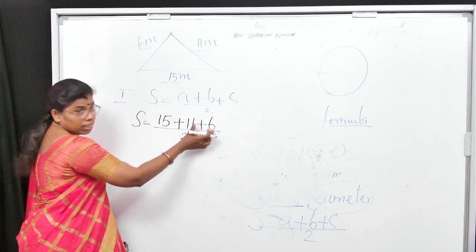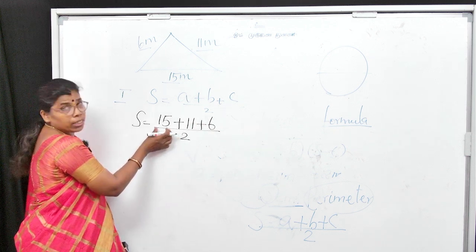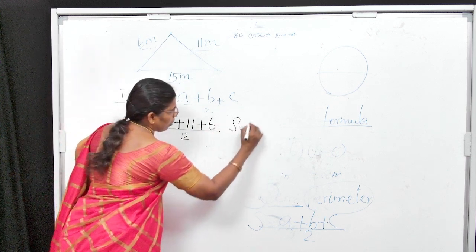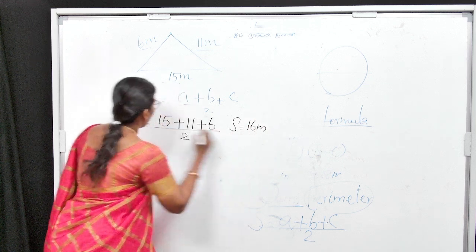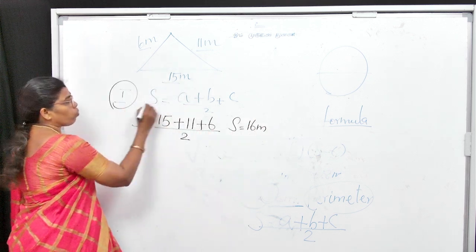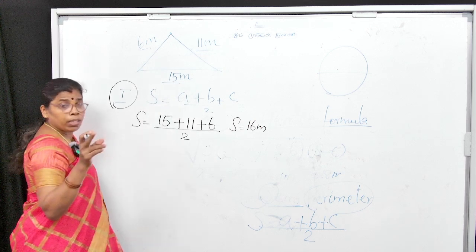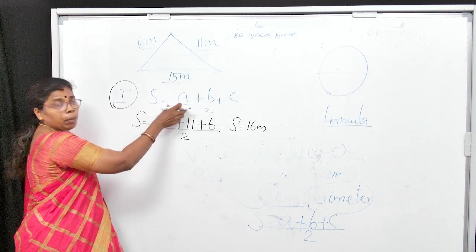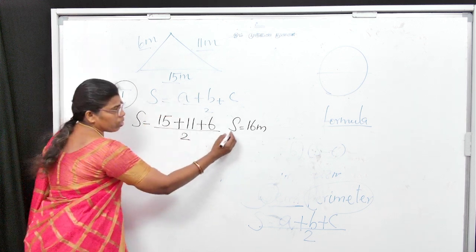Yes, 11 plus 6 is 17. 17 plus 15 is 32. 32 by 2 is 16. So S is 16 meter. This is step 1, you have to find S. When Heron's formula is asked, there are 2 steps. Step 1, you should find S, that is the semi-perimeter. So the answer is 16 meter.